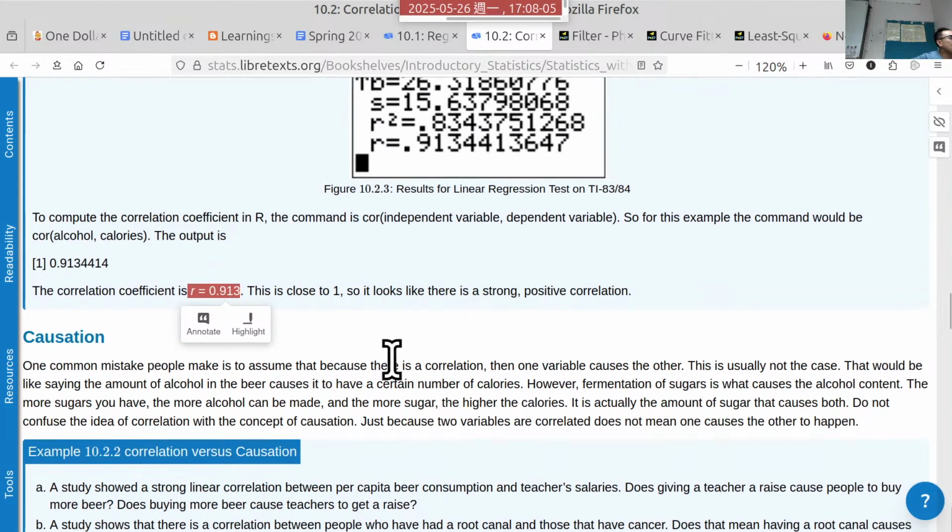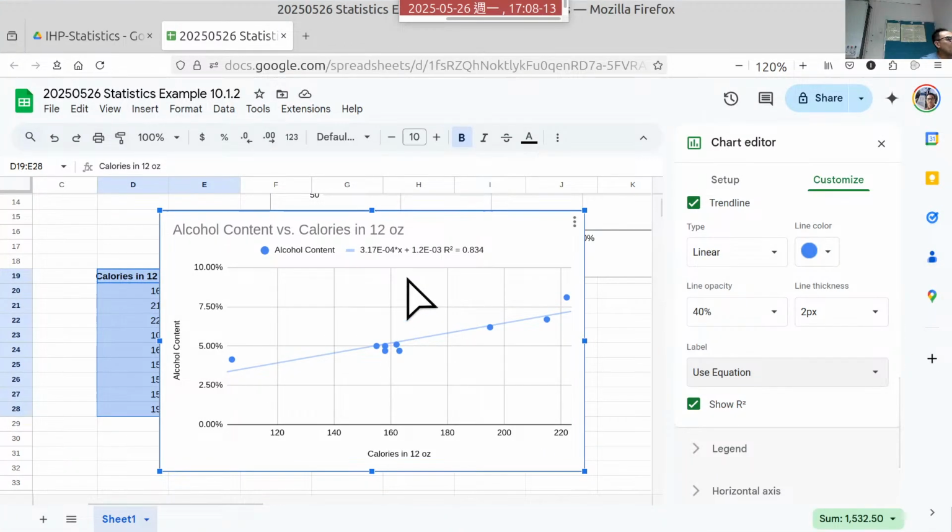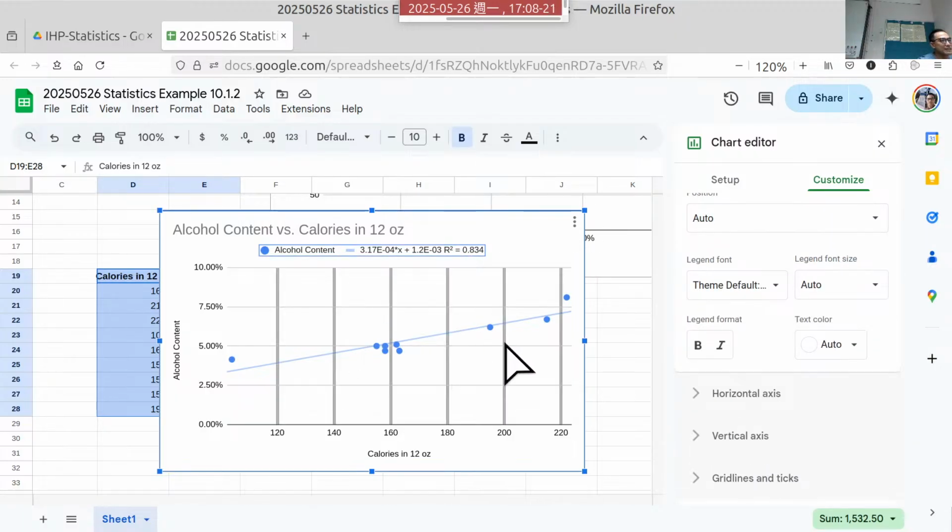Please, how can you get 0.915 like this one? When we move it, we got R squared 0.834. How can you get this? Click here and get the value.